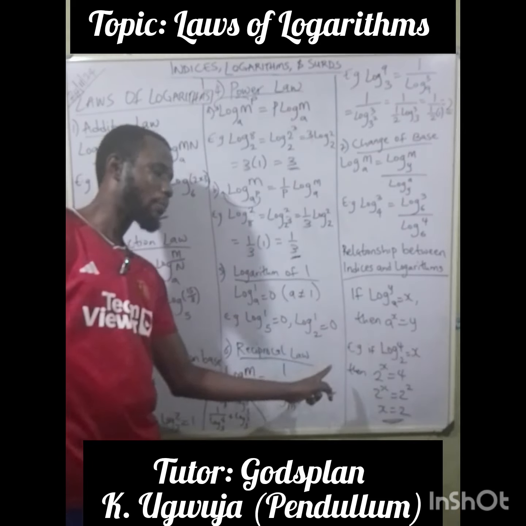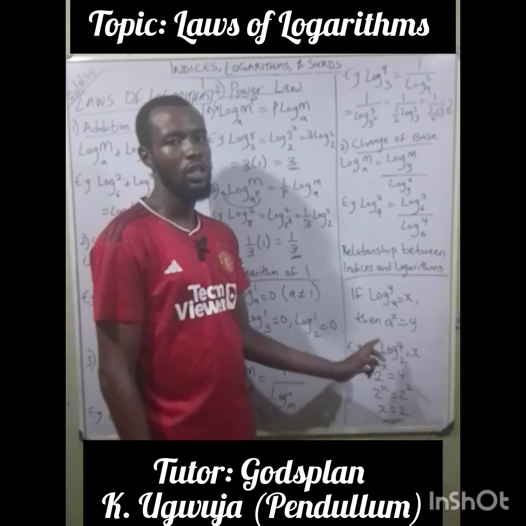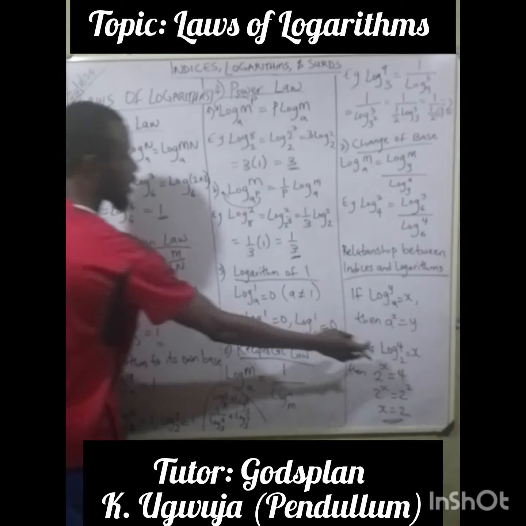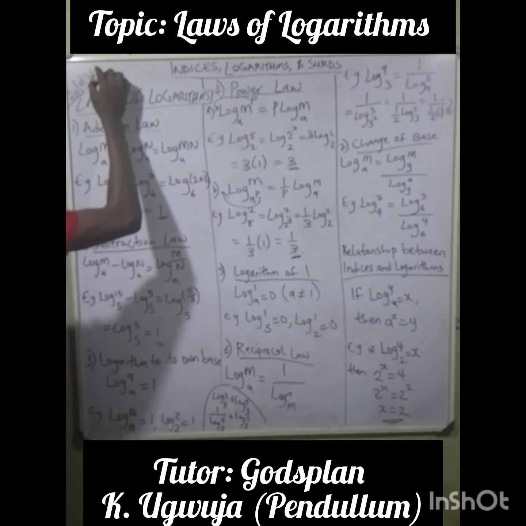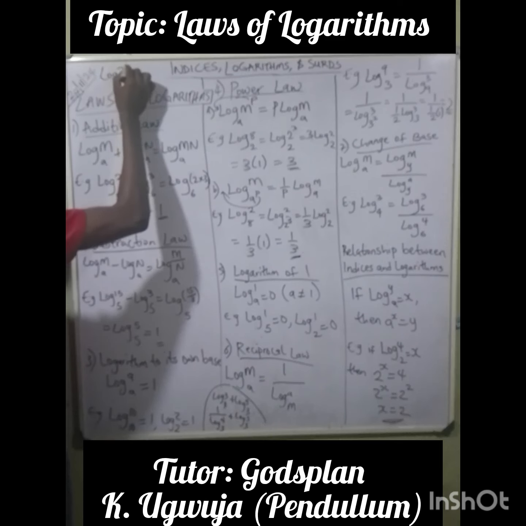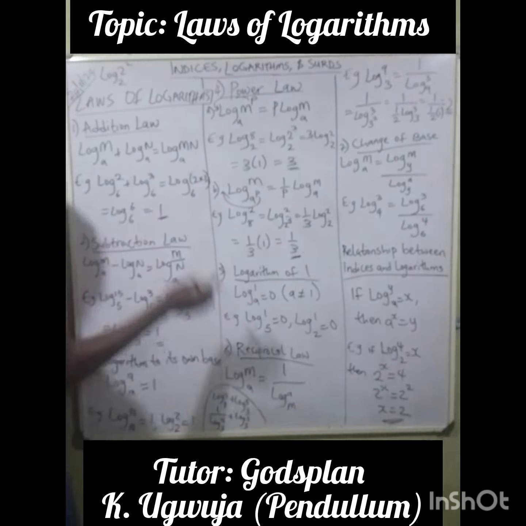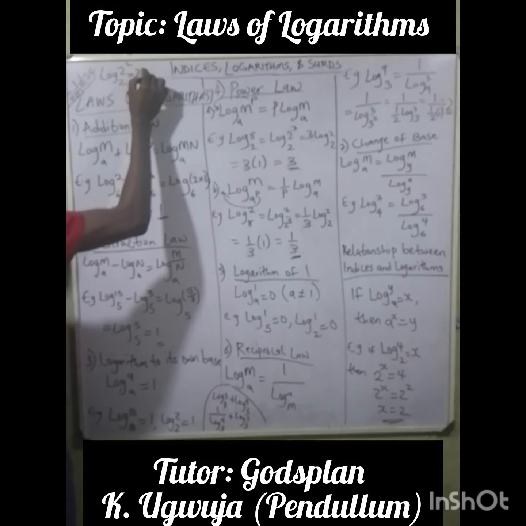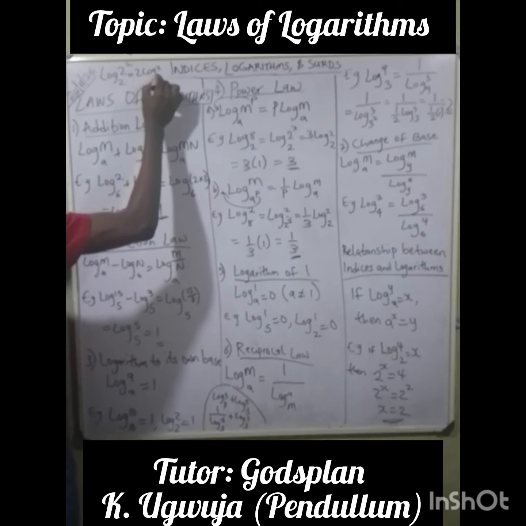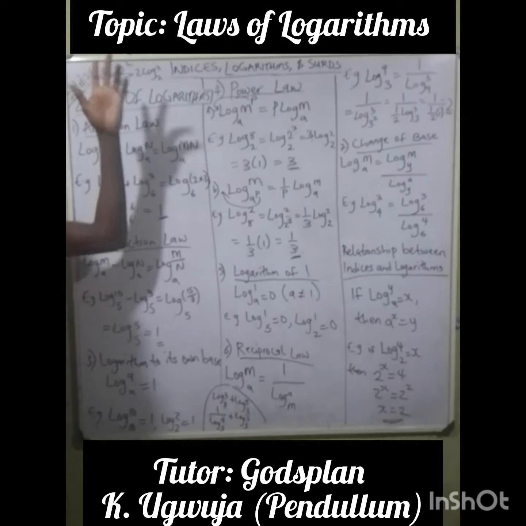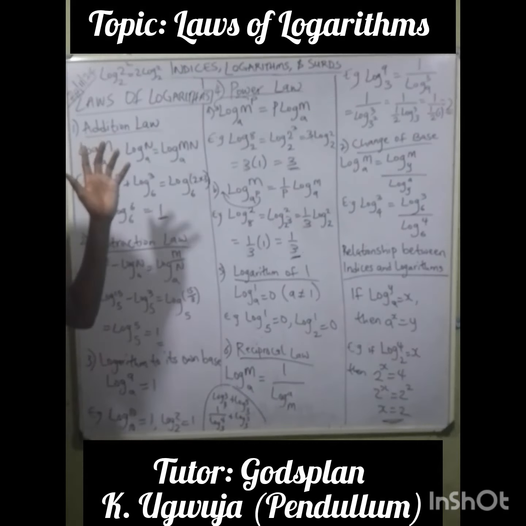If you bring the 2 on top back, you have 2 log 2 base 2. Log 2 base 2 is 1, and 2 times 1 is 2. So that's the first way to solve it.